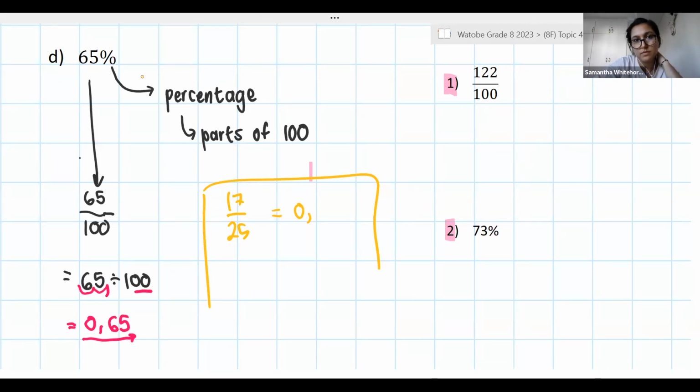Then you're going to put a small 0 at the end of the 17. You're going to say 25 into 170, which equals 6. So you're going to put a 6 after the comma.